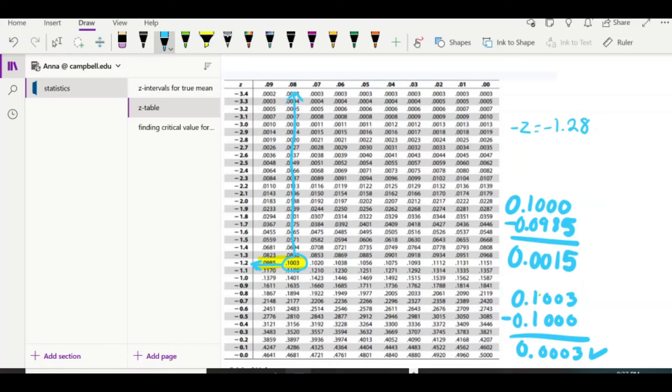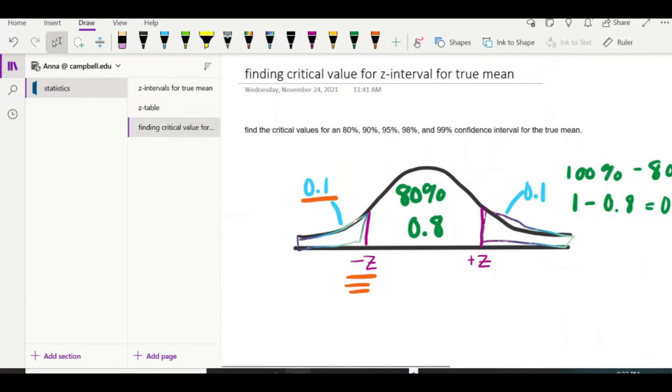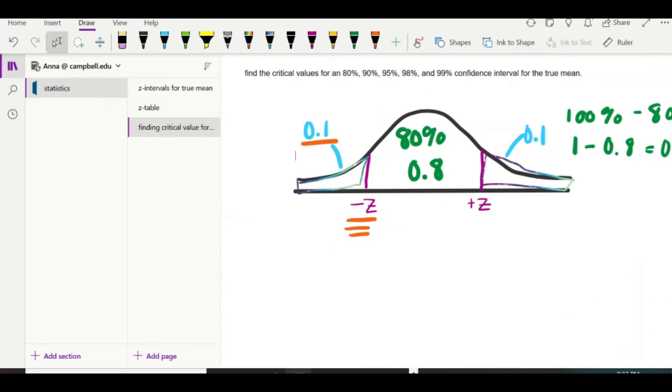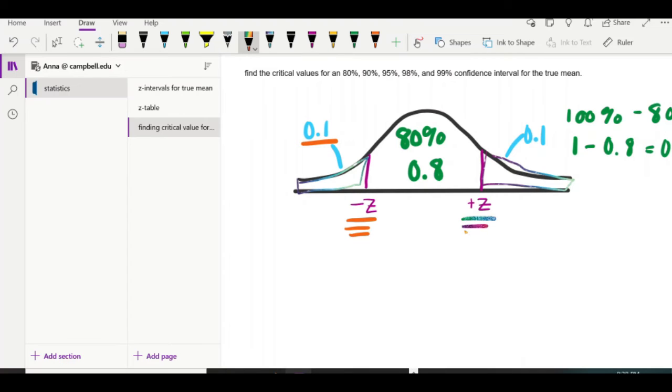But we're going to go on ahead and go through how to get that one as well, just for a little bit more clarity. So if we go back to our critical values, now we're trying to find positive z.